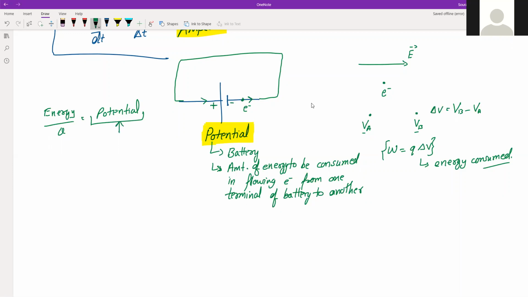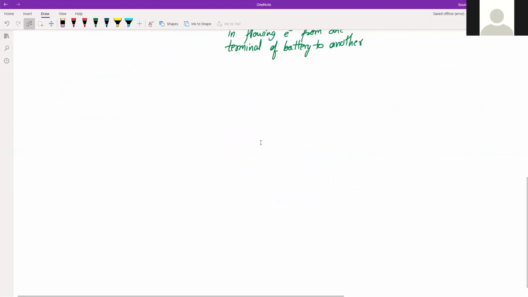If suppose this is a 10-volt battery, that means here the amount of energy the electron will have is equal to 10 volts. When it comes from here and reaches here, it consumes all those 10 volts and here it is just 0 volt, right? So this is the thing which we have to understand.